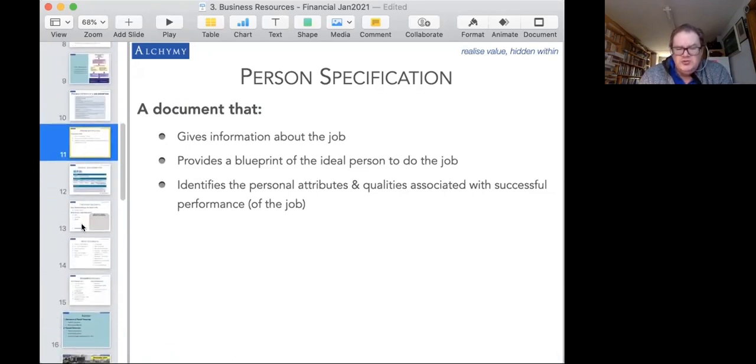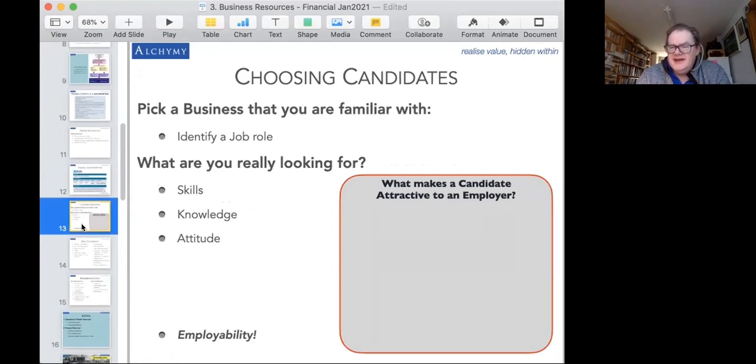And then we would go into some sort of interview process where we're looking to filter candidates who apply to that job, and to make decisions about who we would interview. These headings: a business you're familiar with, identify a job role, and if you were hiring for that job role, what skills would somebody need to have? What knowledge would they have?